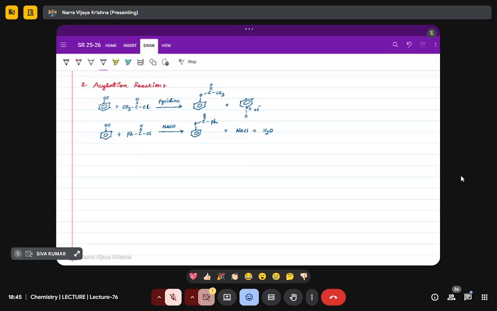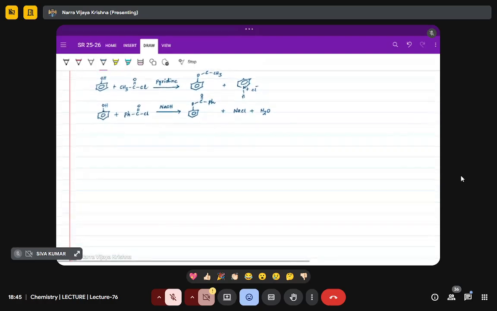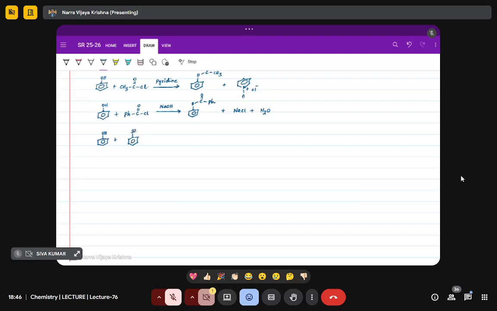Any questions in it? Next, with SO2Cl, I think it is sulfonyl chloride. Phenol allowed to react with SO2Cl in presence of pyridine. Now tell the product, sir.